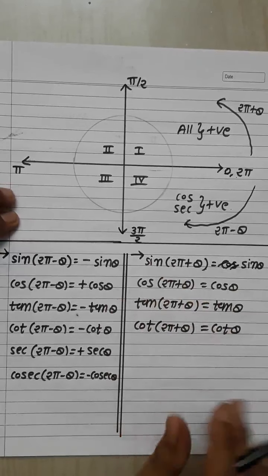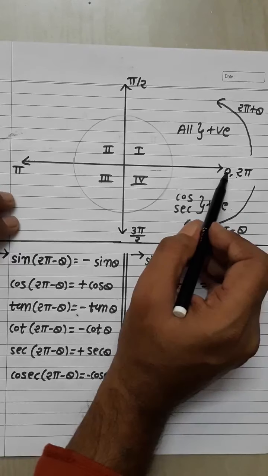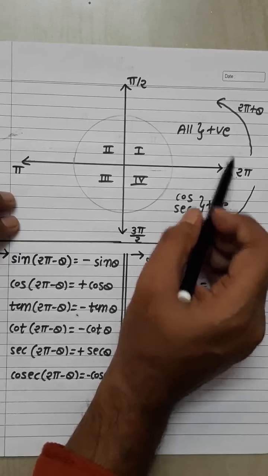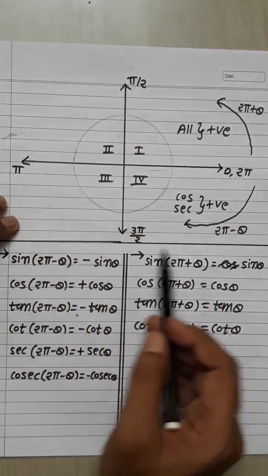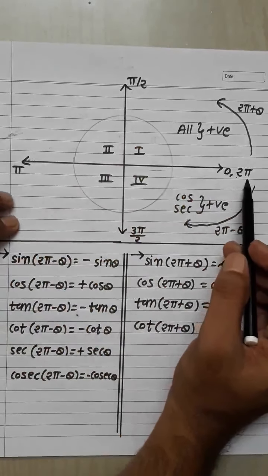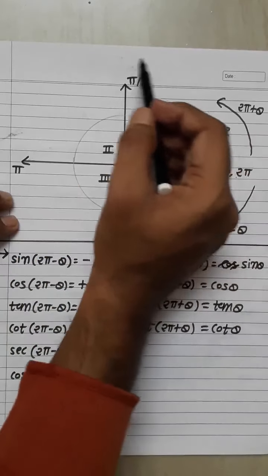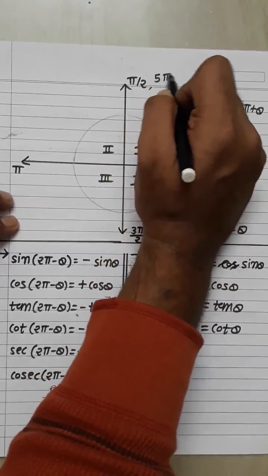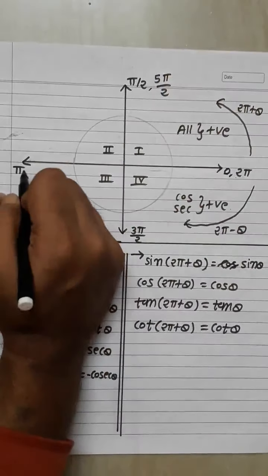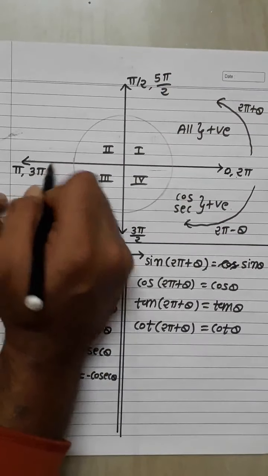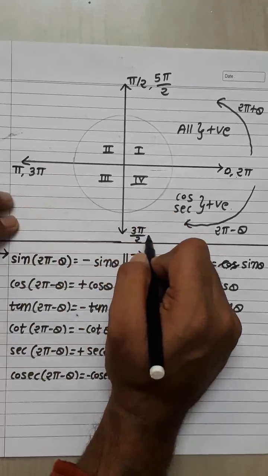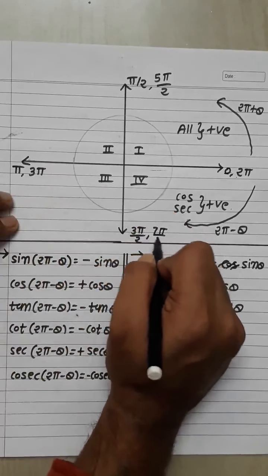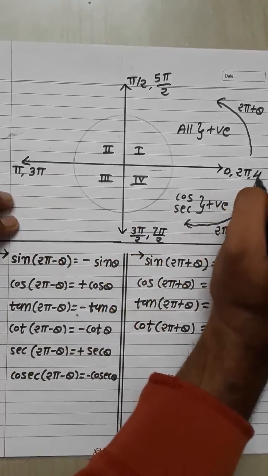Okay, now suppose the positions are 0 here, pi by 2, pi, 3 pi by 2, 2 pi here. Now after the circle moves further, here we can write 5 pi by 2. Now 3 pi position here, 7 pi by 2 here, 4 pi position here.